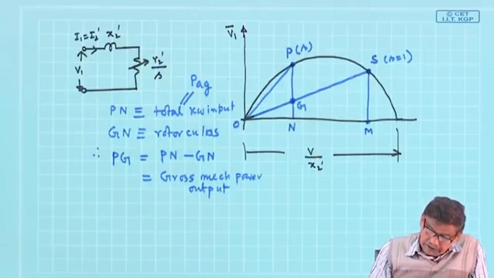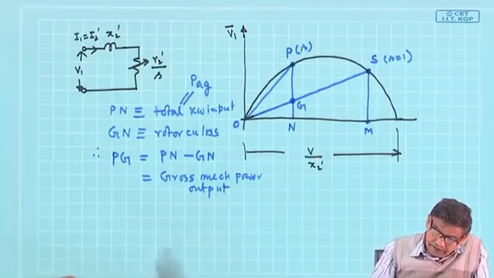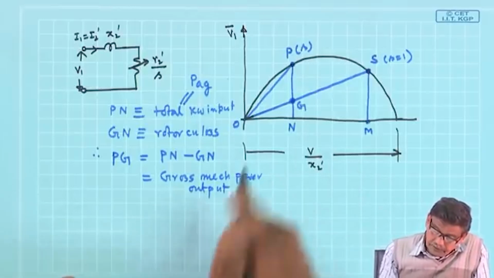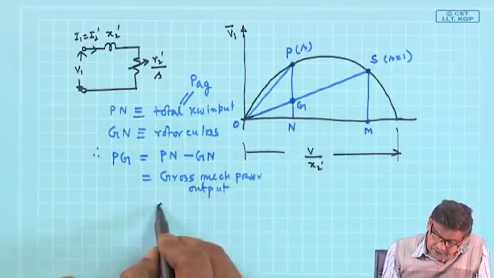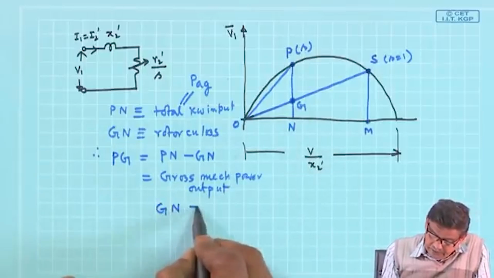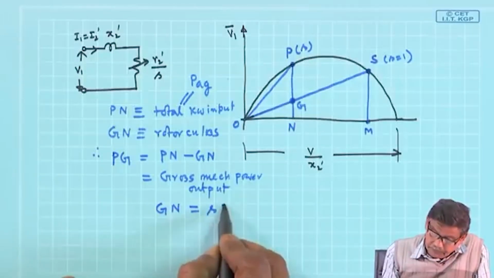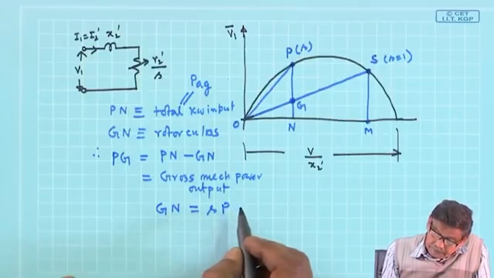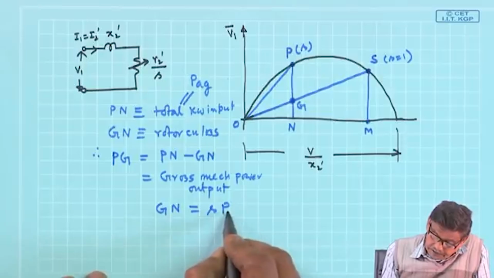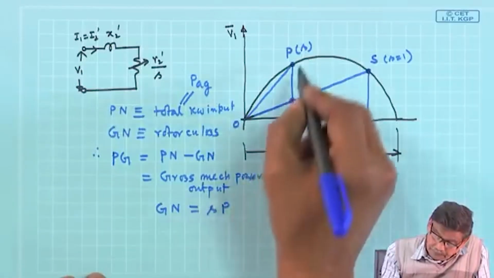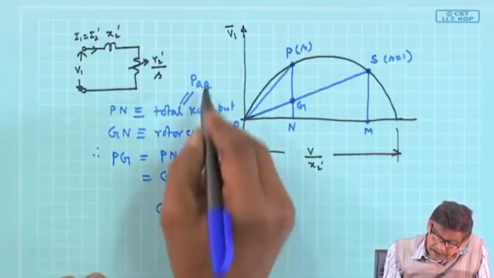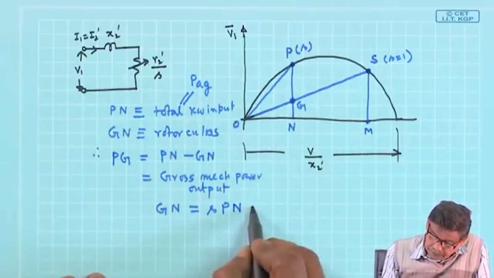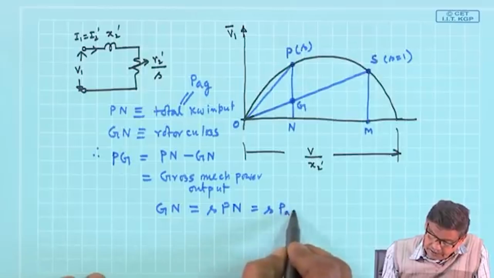For obvious reason, this Gn must be equal to s into Pg. Pn is the air gap power, that is s into P AG, this I know.